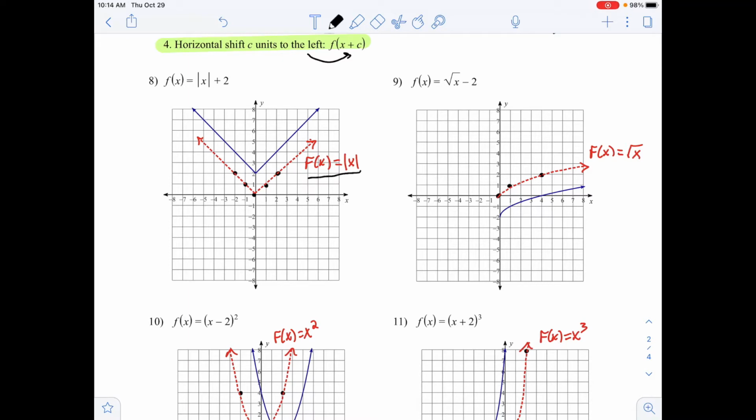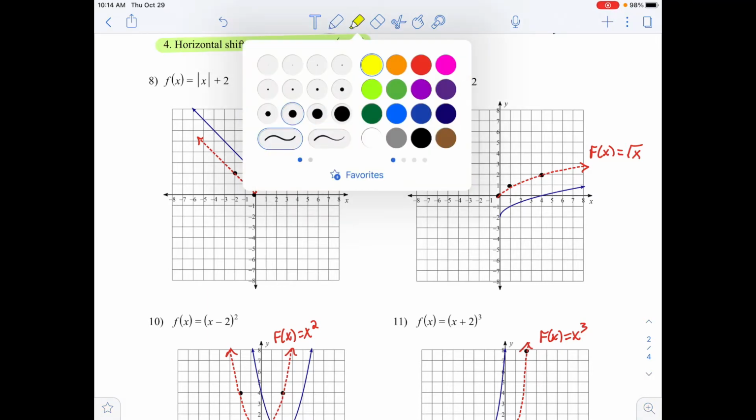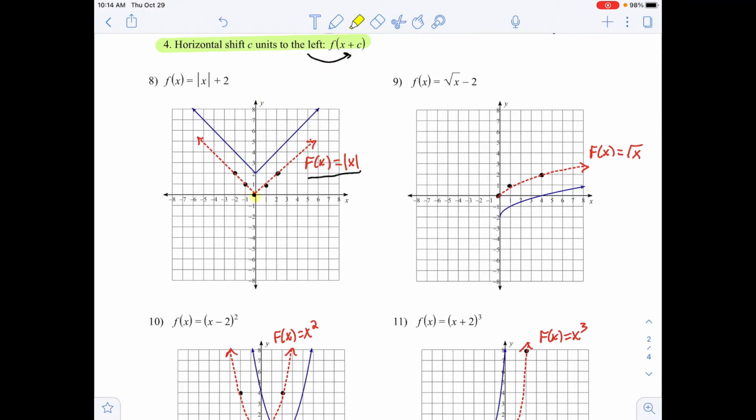Well, remember the plus 2 means that we're going to shift 2 units up. So each one of these ordered pairs is going to be shifted up 2. And that is how we get the graph of the absolute value of x plus 2.